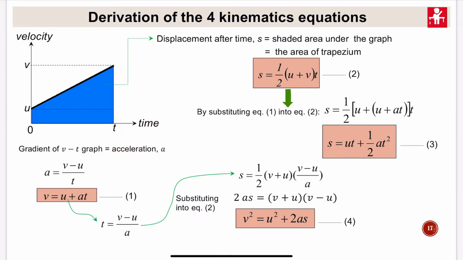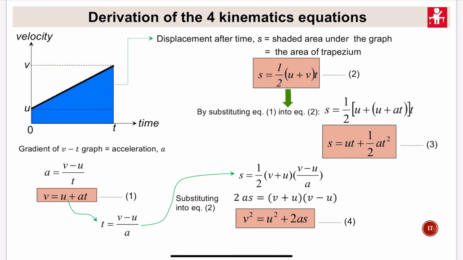So here is the shape of the graph, meaning the object at initial time has velocity of u. The object increases its velocity until the final velocity v at time t.